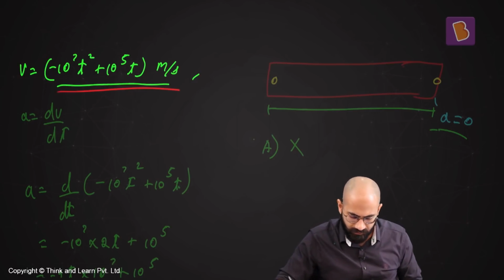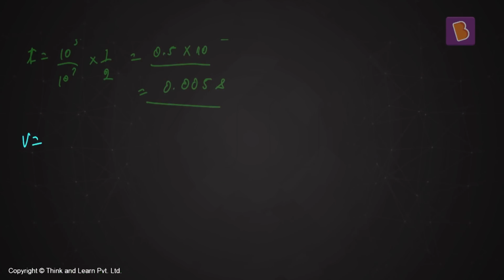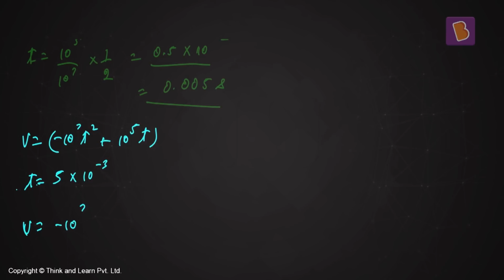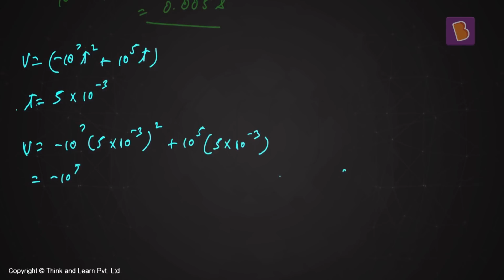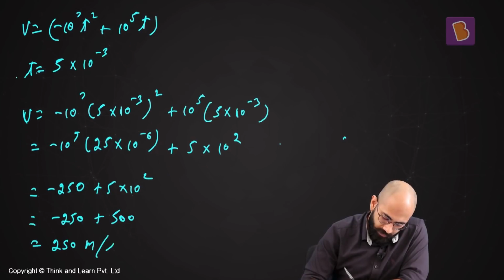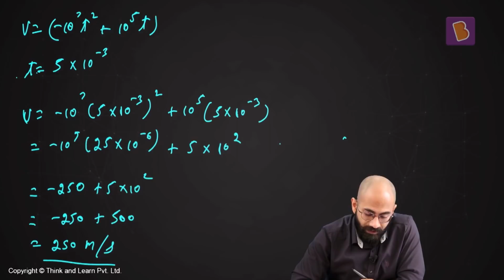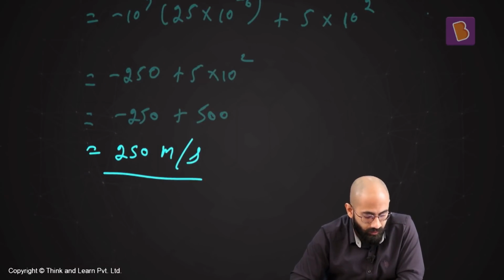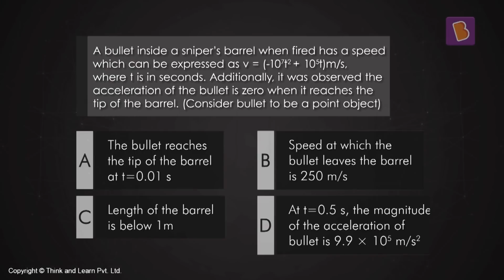So let's just write this out again. 250 meters per second. So the final answer we get is that v at that point equals 250 meters per second, which is correct. So our second option is correct.